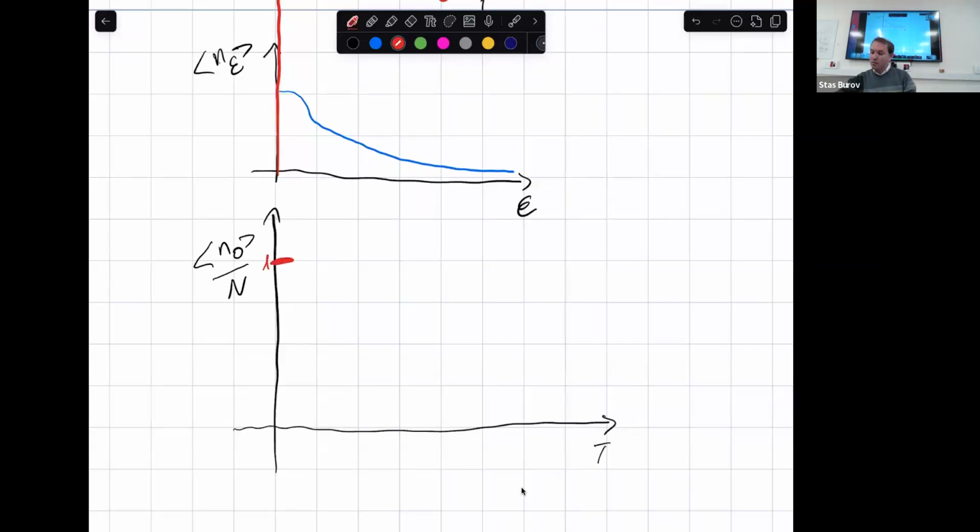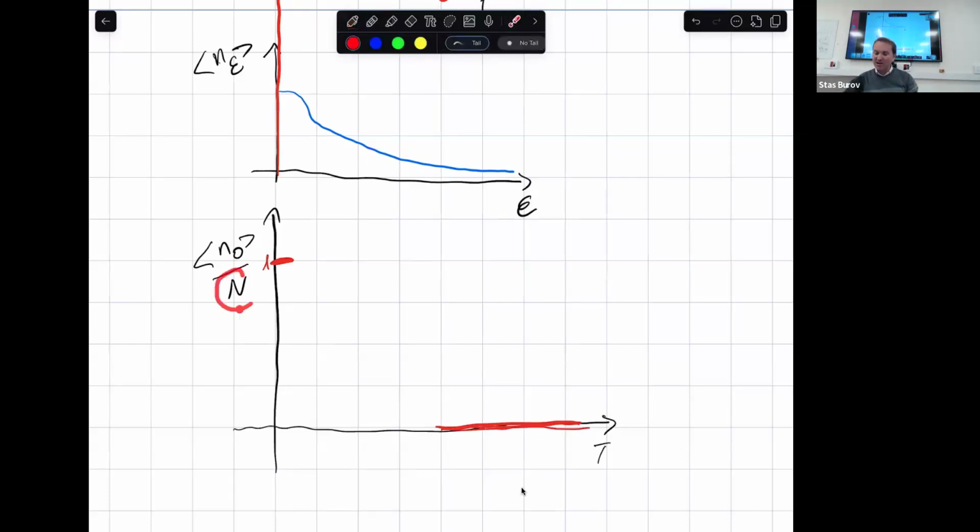Now, what happens at large enough temperatures? It has to be exactly 0, because n is very large, and it's a continuous spectrum, so the particles just do not gather at one specific level. So at large temperatures, I will have behavior that is exactly 0, not approaching 0, it's 0.